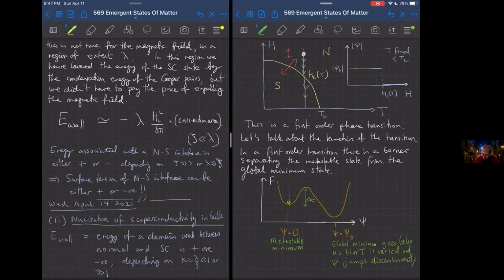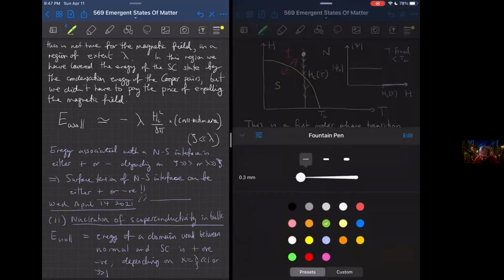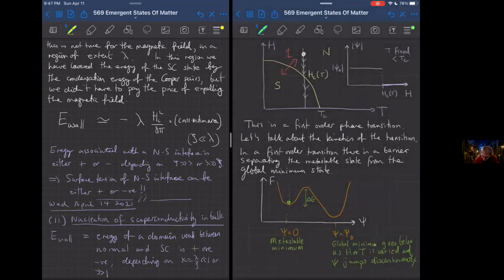And why does it jump discontinuously? Well, let's have a look over here. So it starts off being psi equal to 0, and the minute that this state becomes lower than this state, then the order parameter jumps from here to this value, and that's a discontinuous jump.